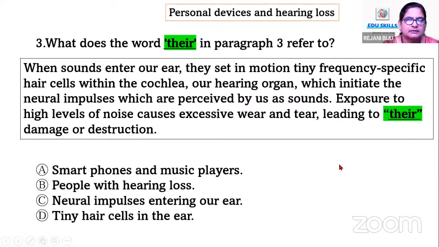I'll repeat it. They set in motion tiny frequency specific hair cells within the cochlea which initiate the neural impulses which are perceived by us as sounds. Can you say what is the subject of this sentence?